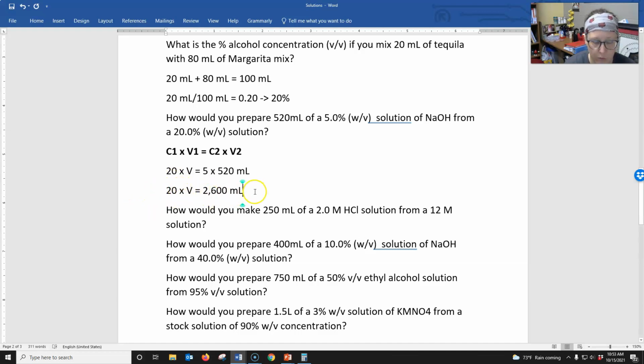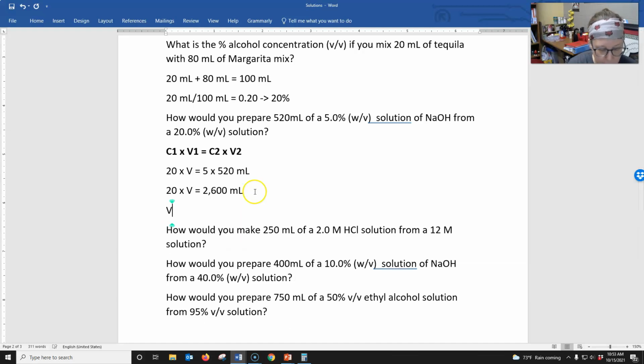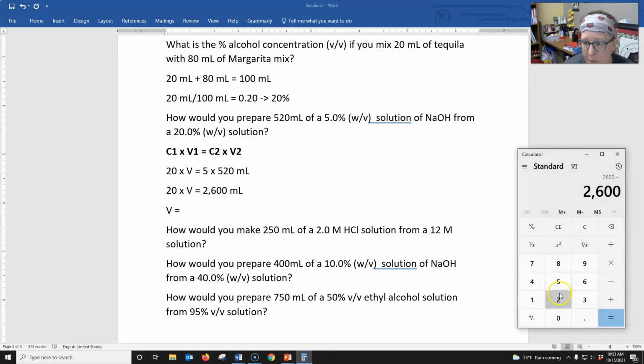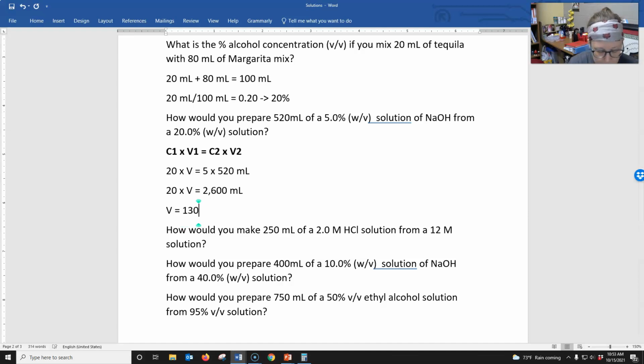So we can get rid of that 20 here. So V is going to be 2,600 divided by 20. So it's going to be 130. So that is how much stock solution. So this would be 130 mils of the 20% stock solution.